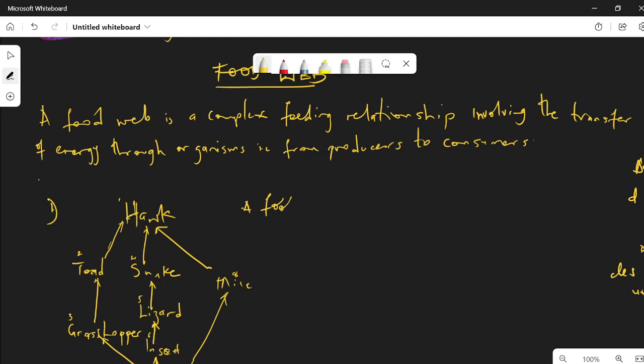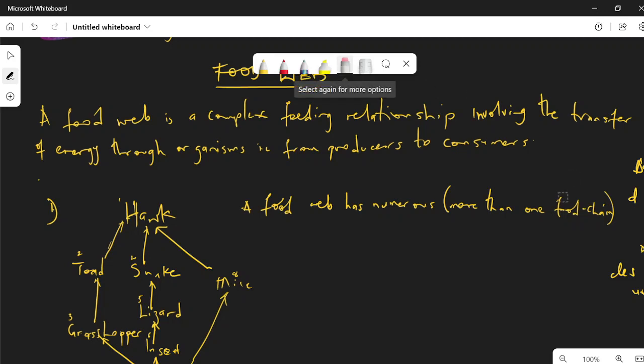A food web has more than one food chain.